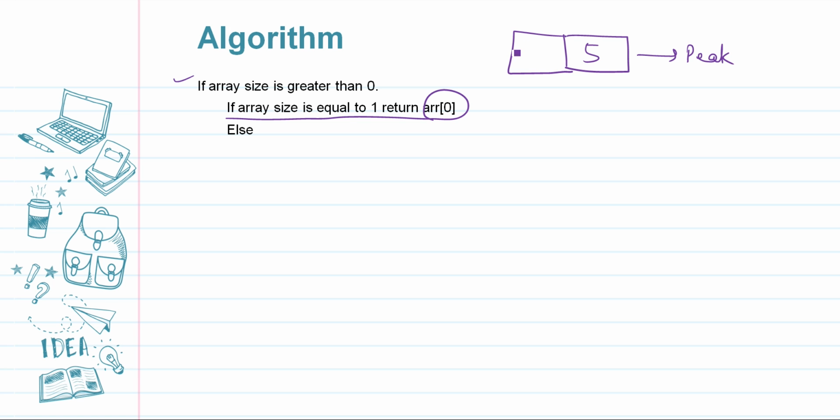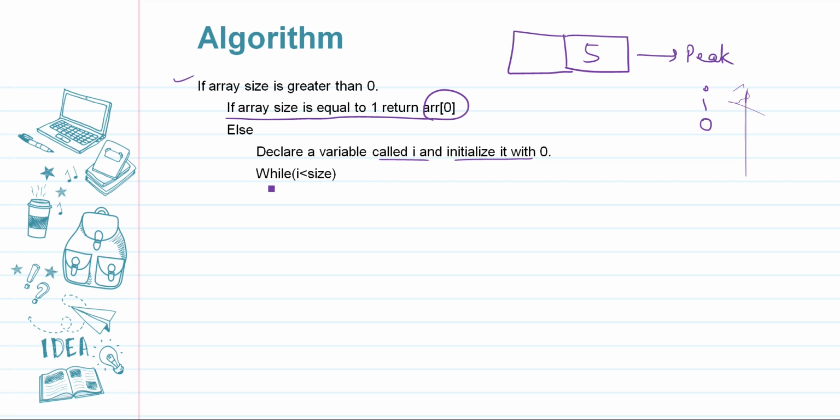It can be 2 or 3 or 4, anything. Now declare a variable called i and initialize it with 0. Now while i is less than size, we are going to access each and every element one by one. So that's why we have written this while loop.